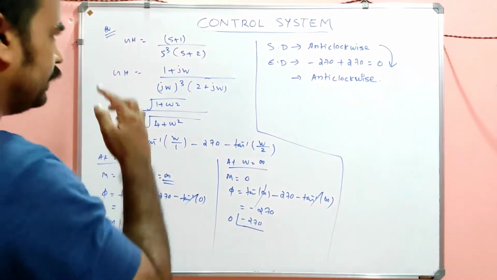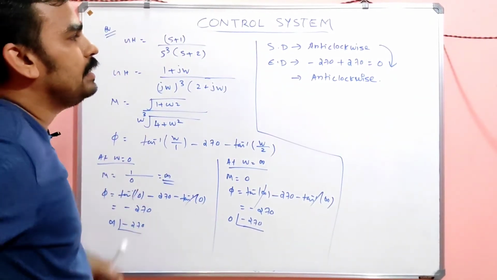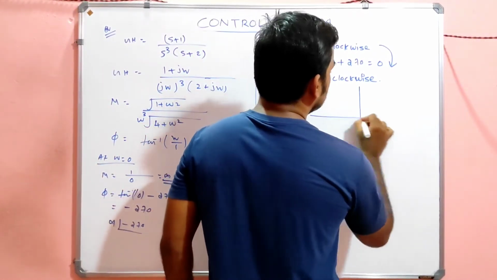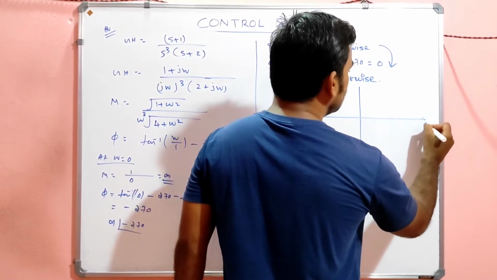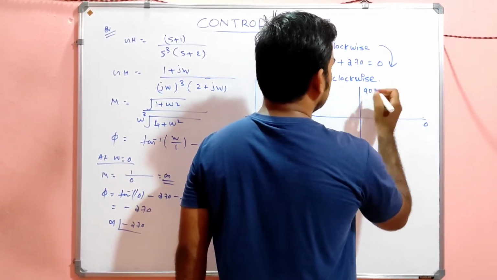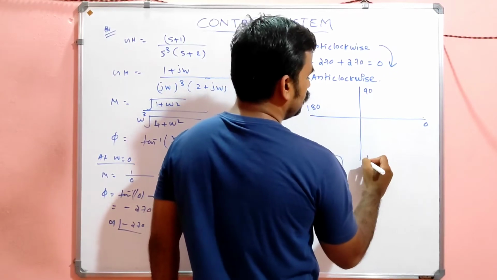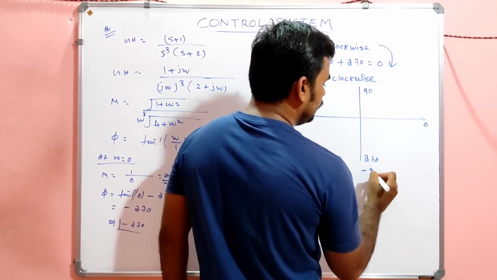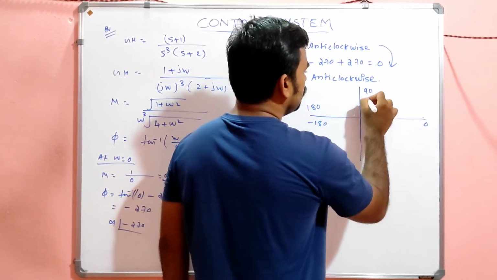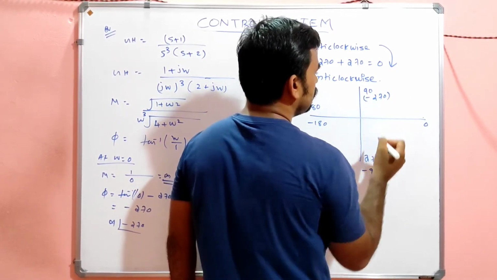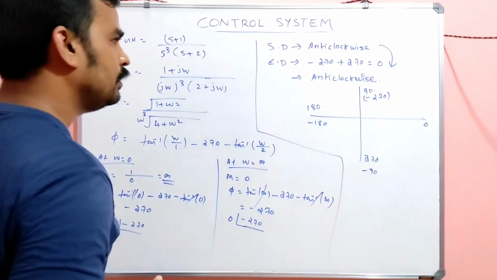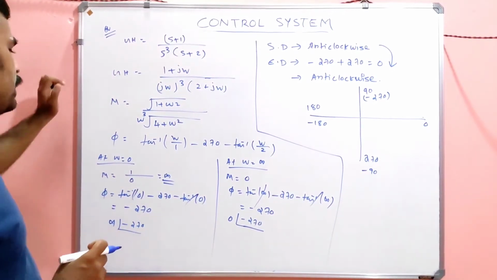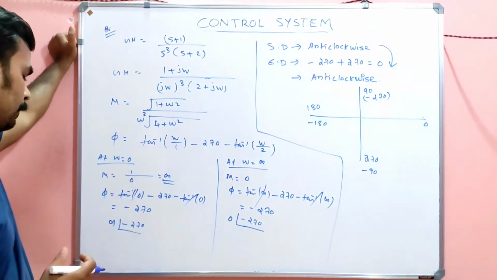So in this case, what will be the ending direction? Again anti-clockwise. So what will be our plot now? The axis is marked 0, 90, 180, 270 and 360, and in the anti-clockwise direction 0, minus 90, minus 180, minus 270 and 360.